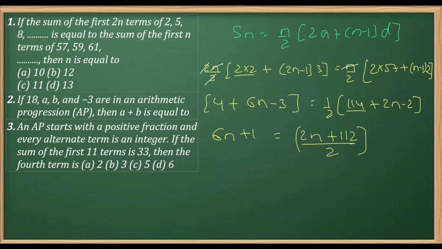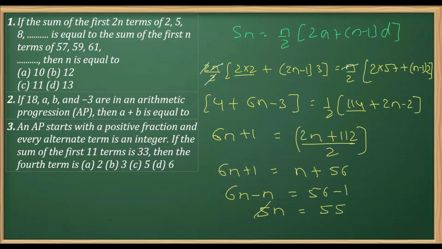Now what we can do, I can take 2 common on the other side and divide it by this 2. So that gives you n plus 56. That's right. I took 2 common from here and cancelled. Now keeping n on one side, this is 6n minus n, and this is 56 minus 1. This is 5n, and this is 55.